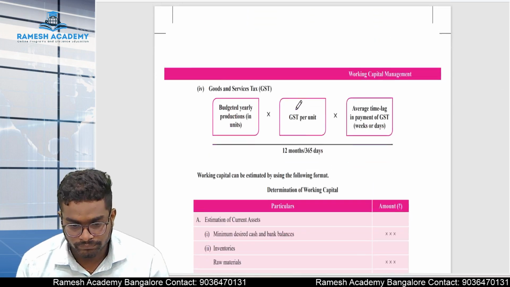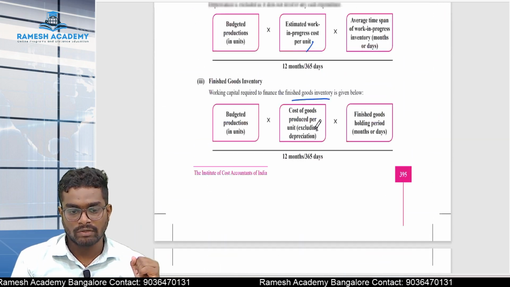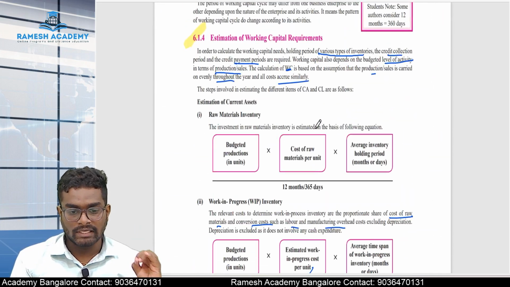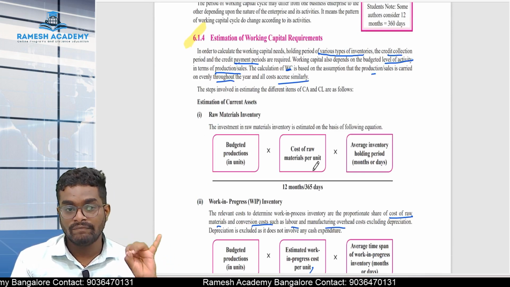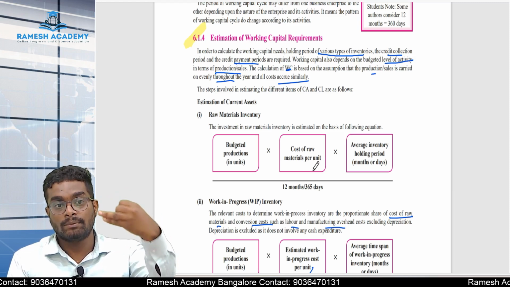So now we have calculated all the cost or all the total requirements of the working capital. So we have estimated what is our inventory. So inventory, it may be raw material, work in progress, or the finished goods.